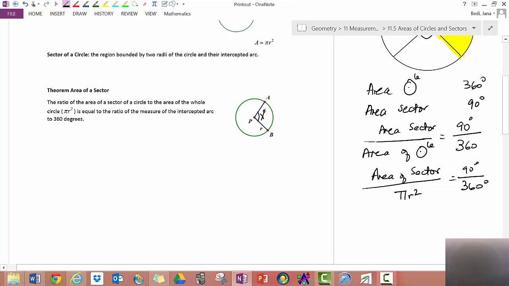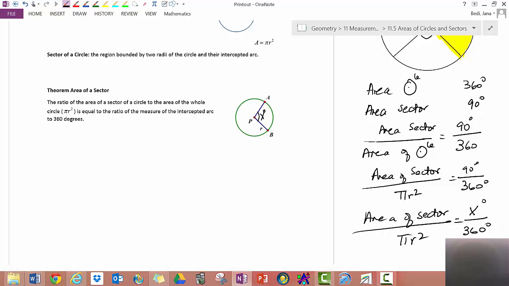So area of sector over pi r squared is equal to the angle at the center of the circle over 360 degrees. Note the right hand side is not very different from what you had in the previous section where you found arc length. Arc length is a linear measure, area is a non-linear measure.